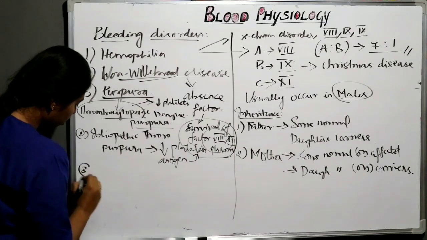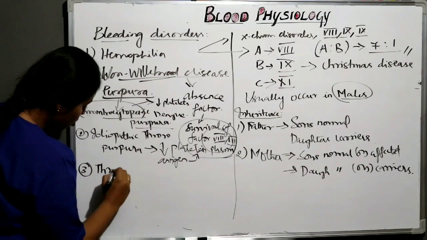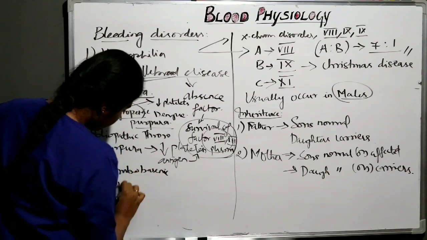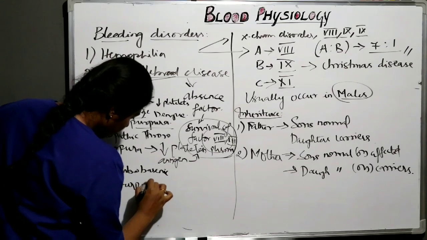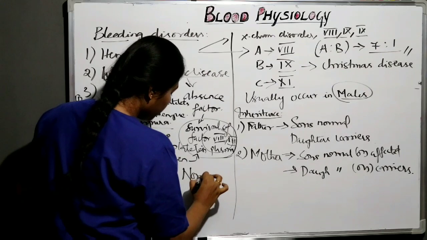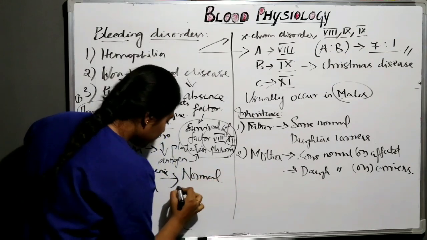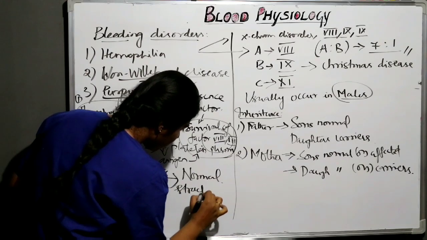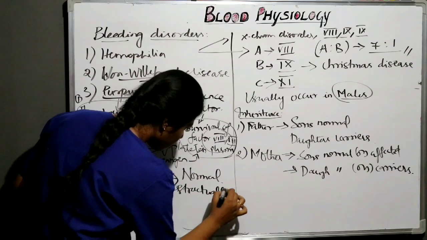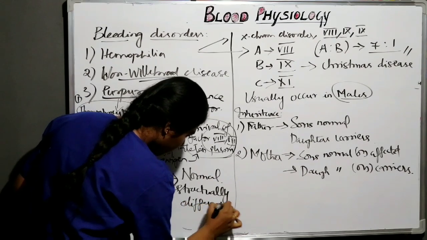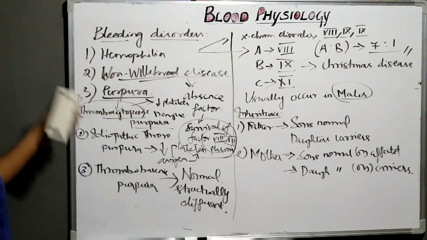Then third one, it is thrombasthenic purpura. In this type, platelet counts are normal, but platelets present are structurally different, hence it affects the bleeding.